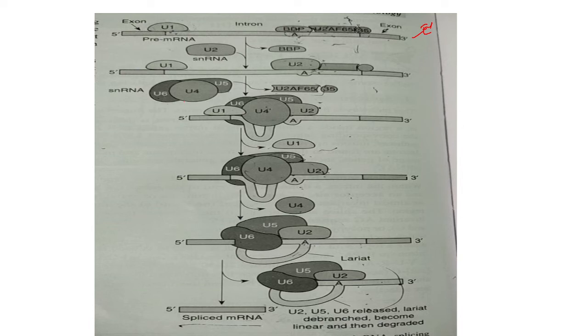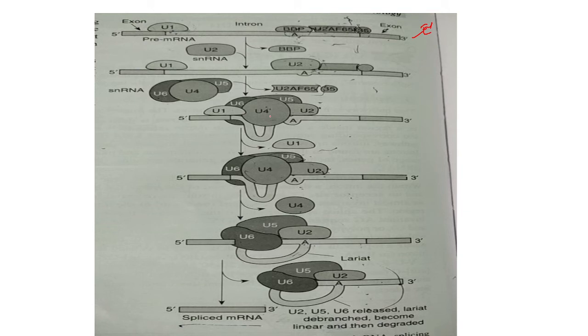What is meant by trimer? Anything which is composed of 3 units or subunits is known as tri. So the trimer snRNA, that is U6, U4 and U5, will come. As soon as U6, U5 and U4 come and bind to this region, the U2AF, which was binding to the polypyrimidine sequence and 3 prime splice sequence, will be removed.